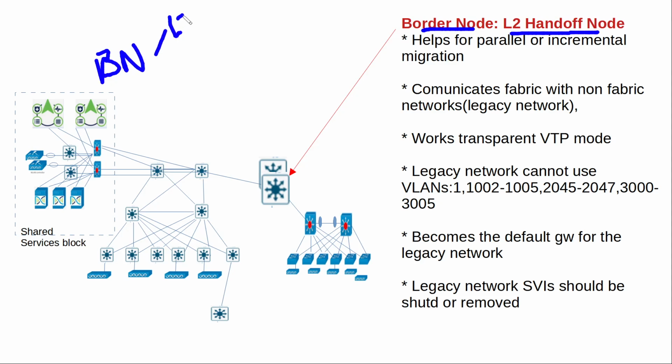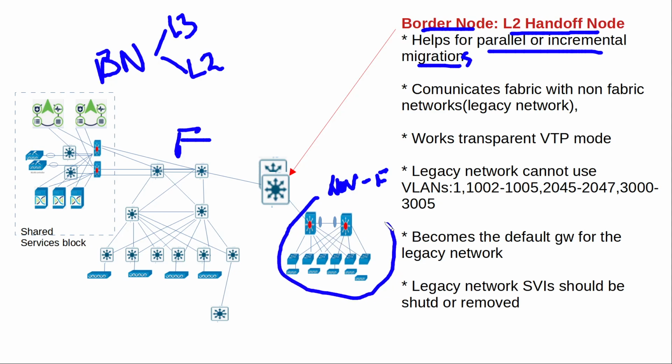We have layer 3 border nodes, and in this case we're going to talk about a particular type of border node that is known as layer 2 handoff node. And this border node helps for parallel or incremental migrations. It will be able to communicate the fabric with non-fabric networks, that is legacy networks or traditional networks.